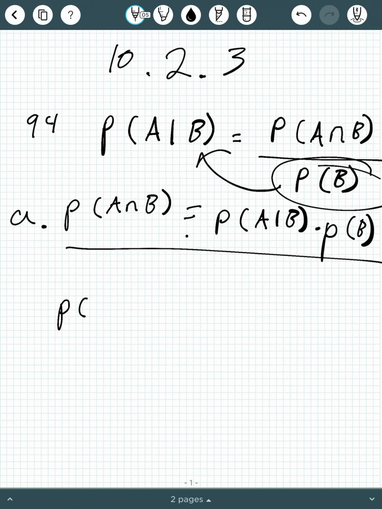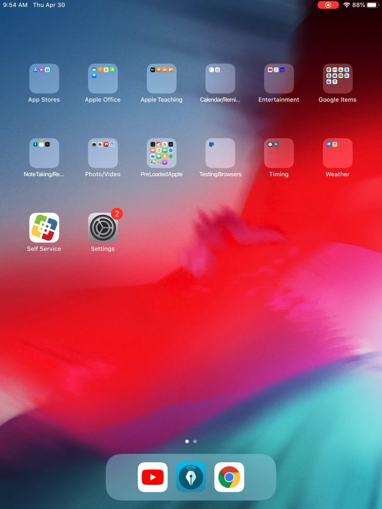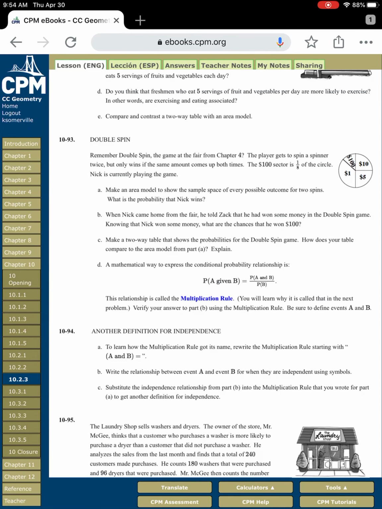So to do that, we'll write that the probability of A given B, because they're independent, can be equal to the probability of event A, because A given B is no different than the probability of A, just A, if they are truly independent.